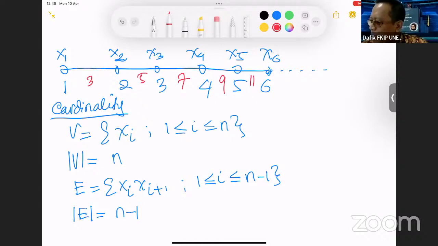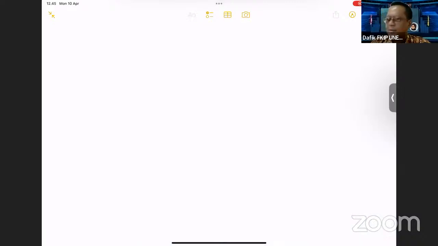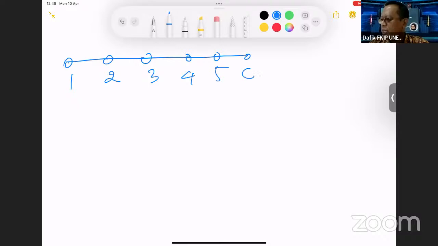From this one. When we have this representation, 1, 2, 3, 4, 5, 6, of course we have x1, x2, x3, x4 until xn.